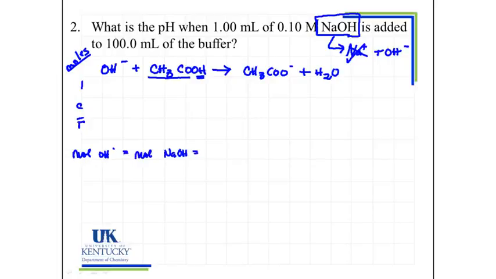To get the moles, we'll take the molarity of 0.10 mole per liter times the volume in liters. It's 1 milliliter or 0.001 liter. And that is going to give me 1.0 times 10 to the minus 4 moles. And I can place that into my table.